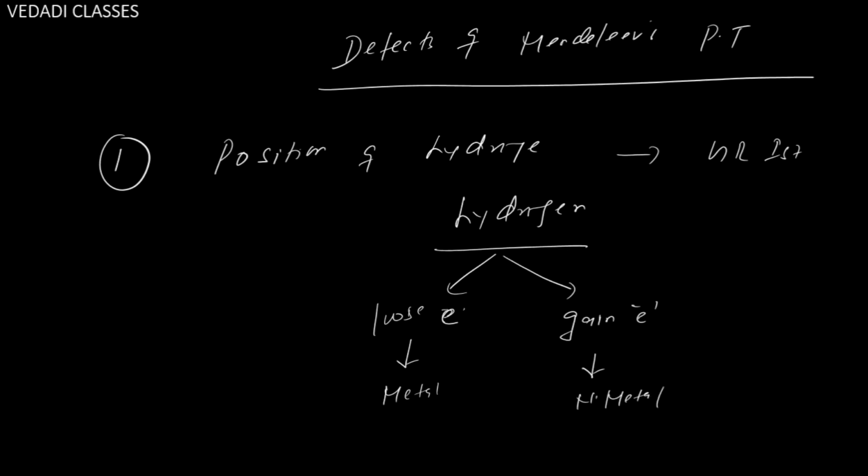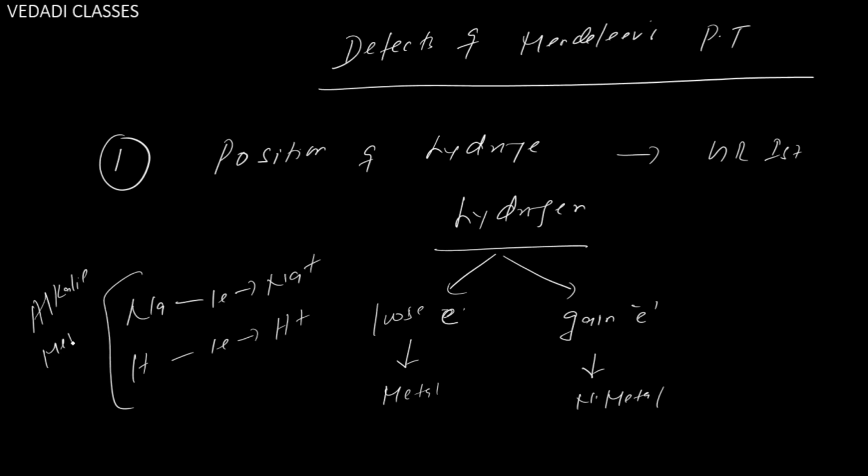When it loses an electron, it behaves like an alkali metal, like sodium. Sodium loses one electron to form Na plus. In a similar way, hydrogen also loses one electron to become H plus ion. So it has the characteristics of alkali metals.